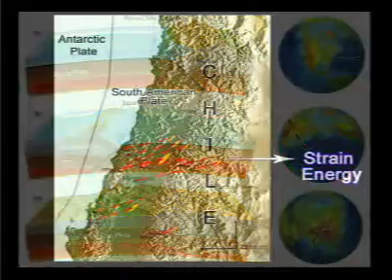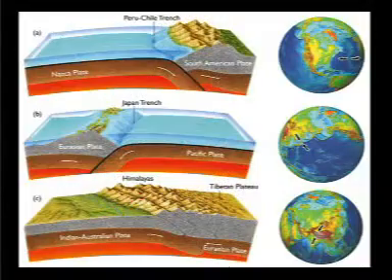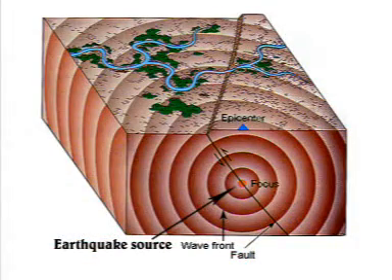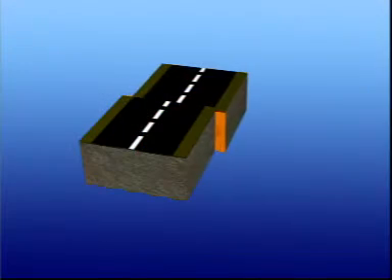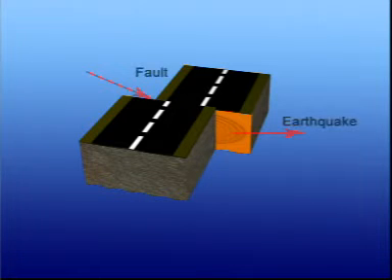For some time, strain energy is accumulated in a region which is deforming, and then this strain energy is released when it exceeds the strength of the rock. So, it is clear that faulting, according to this theory, is the cause of the earthquake.